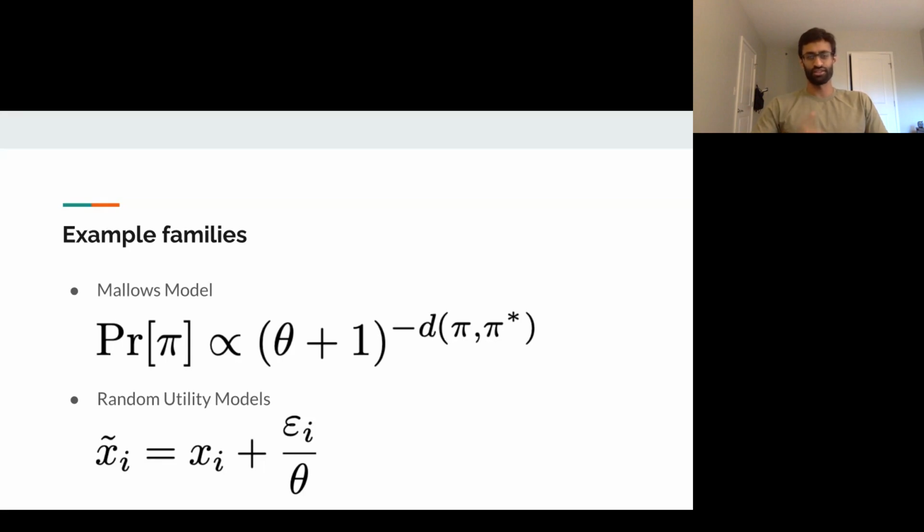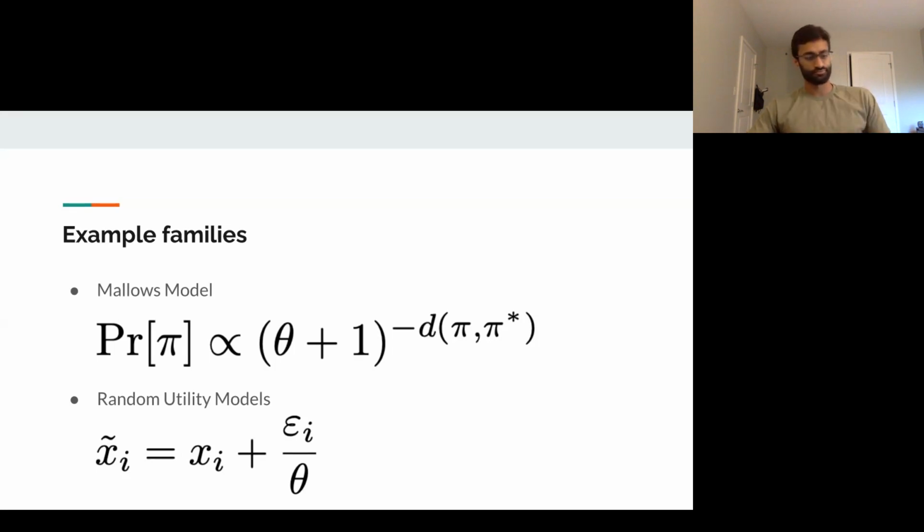Okay, and that proportionality goes through some accuracy parameter theta, which is raised to the power negative number of inversions. So basically the way you should think of the Mallows model is fewer inversions means more likely, and permutations that have the same number of inversions as each other are equally likely. Okay, so that's the Mallows model, and it turns out it satisfies all of those constraints that I set out in the definition.